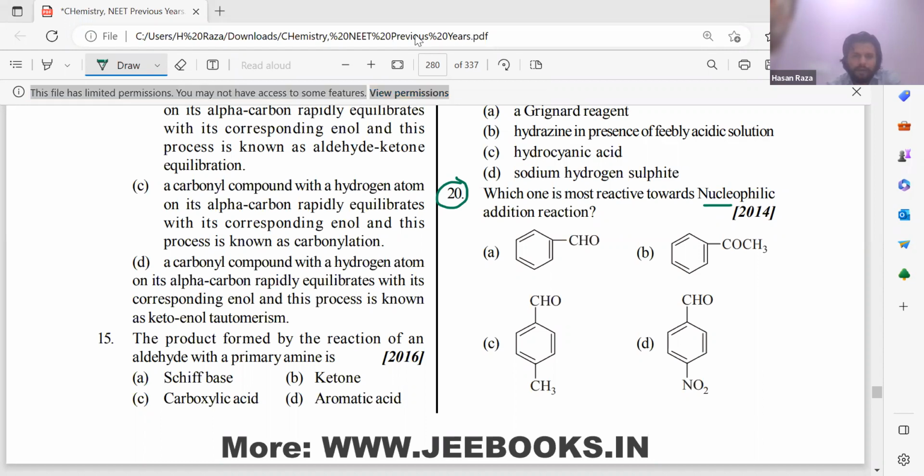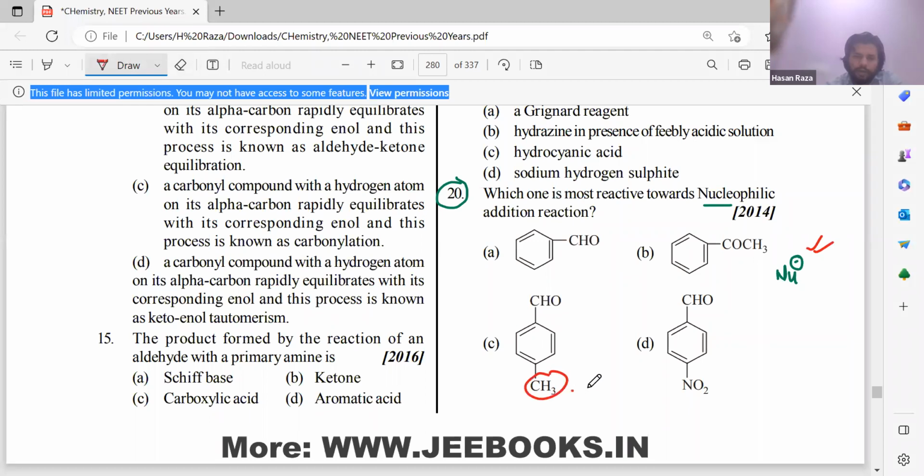You can see nucleophilic addition reaction. That means the nucleophile is waiting to attack. So there should be some electron deficiency. If you are looking at this, there is a plus I effect, which is increasing electron density here, and the nucleophile does not want electrons, it will give electrons. CHO is almost common everywhere except this.